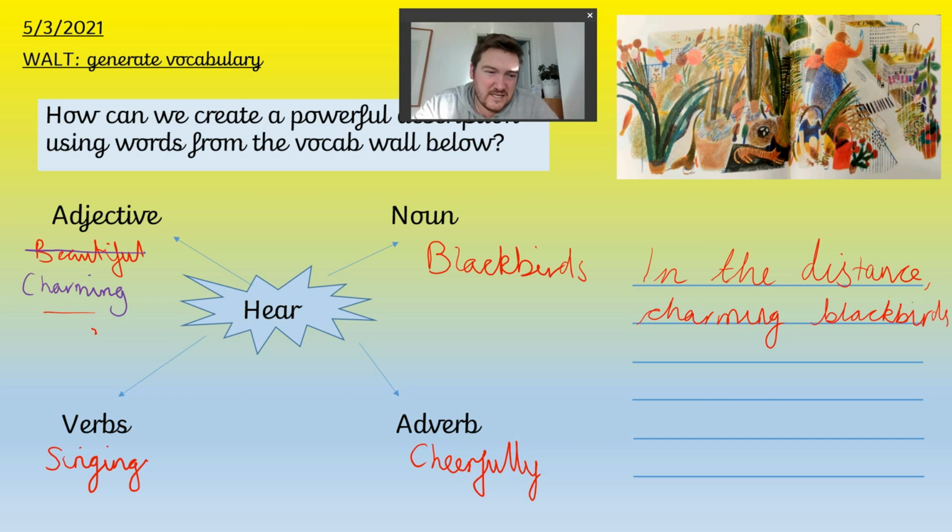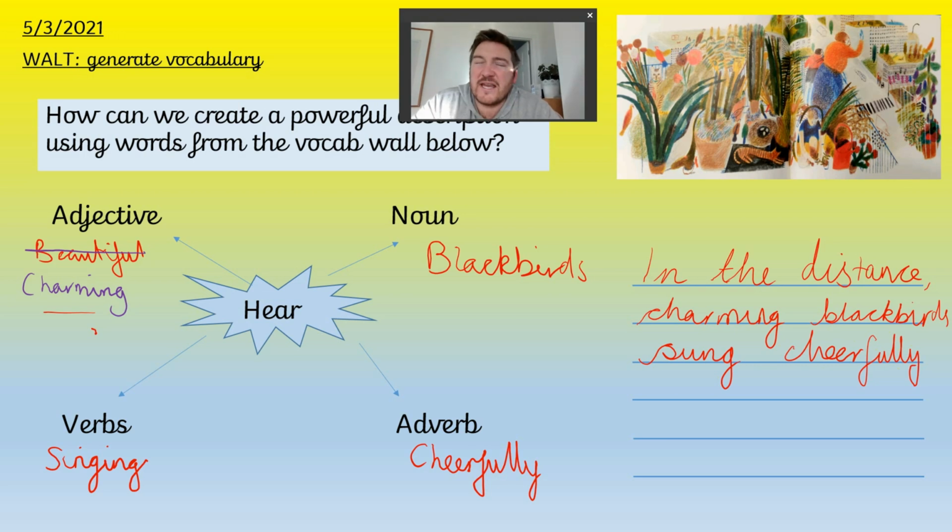Now, singing does not sound like the right tense, so I need to change singing to its past tense. So that would be: charming blackbirds sung cheerfully in the distance.